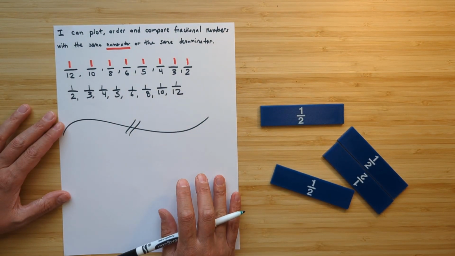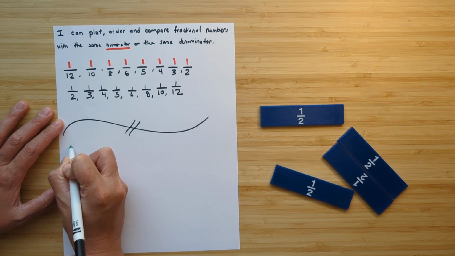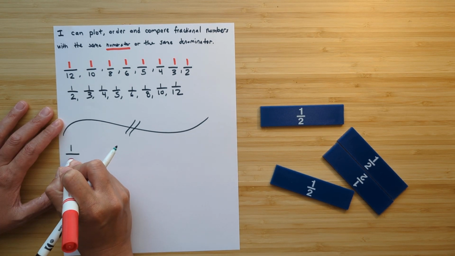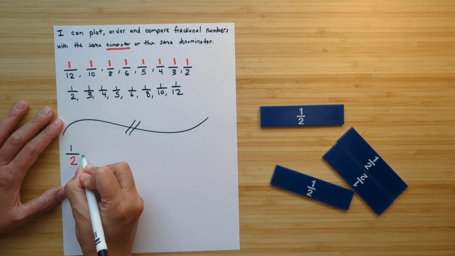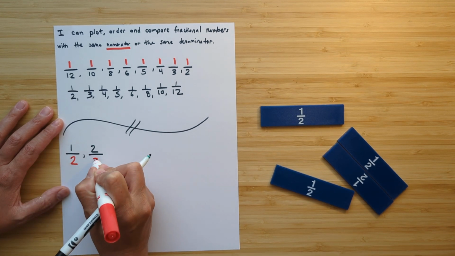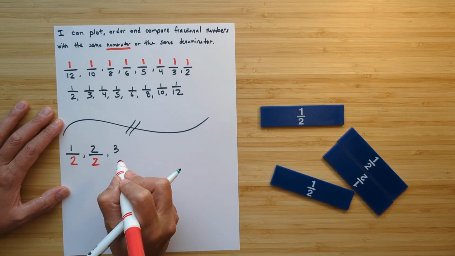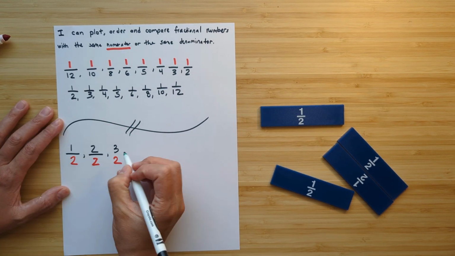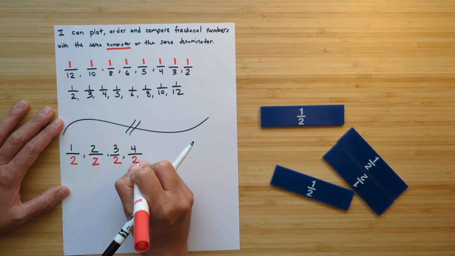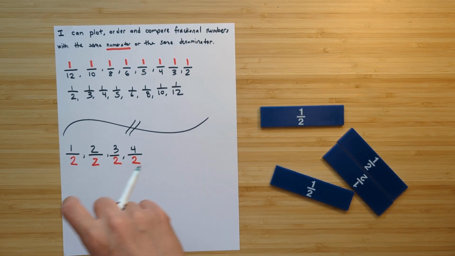All right, so let's say this time we have 1/2, 2 halves, 3 halves and 4 halves. Okay, again, we're trying to go from the greatest to the least. Okay, we're ordering it from the greatest to least.